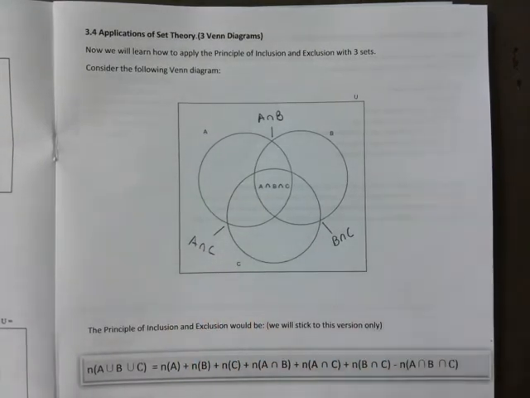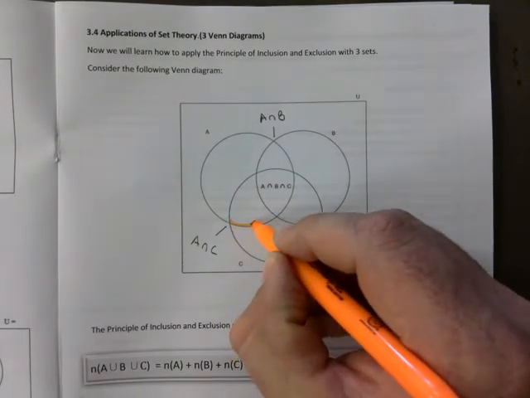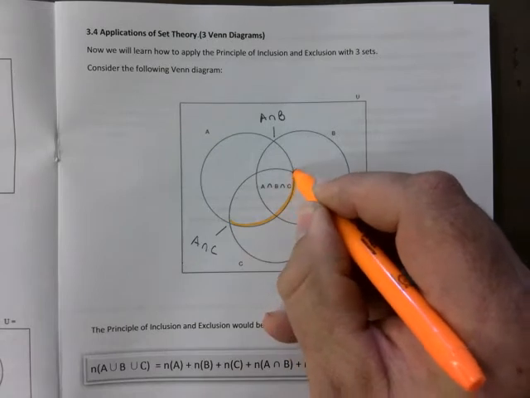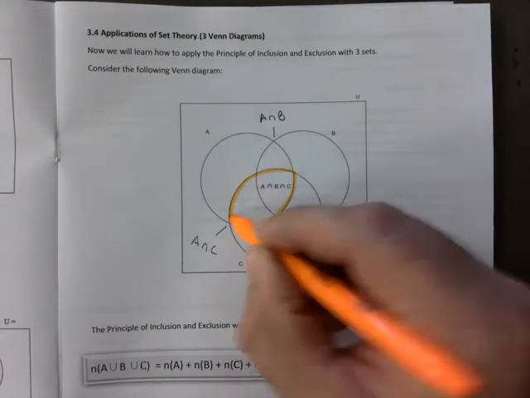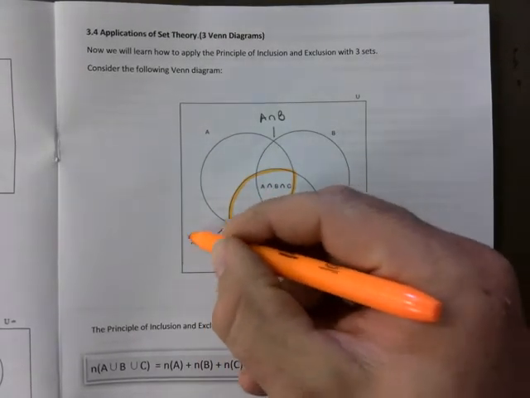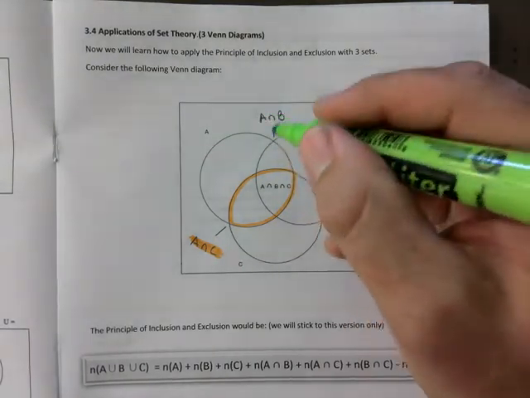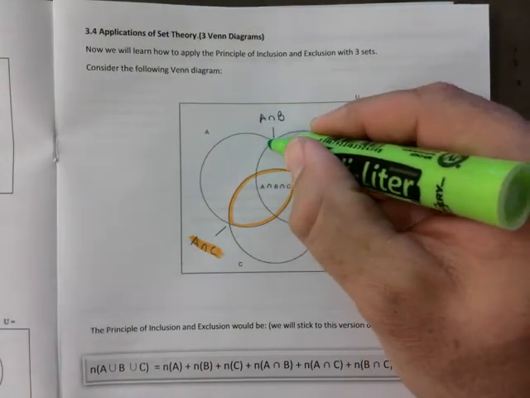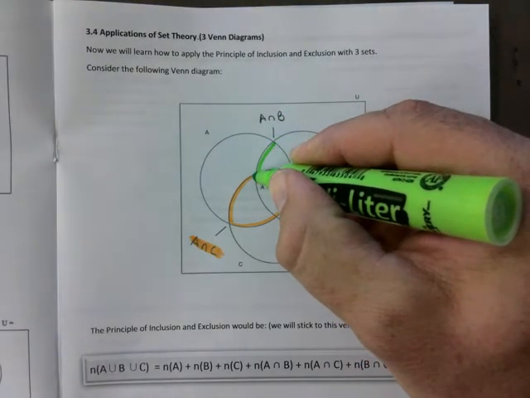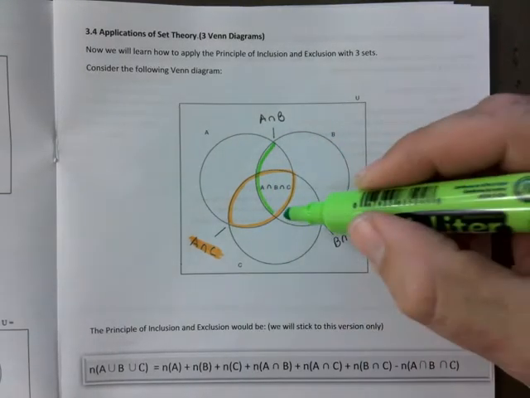And this is where highlighters come in. So I'm going to just say that I'm talking about that intersection there, the whole thing. And then the green, watch what I'm going to do. I'm going to try not to go over the orange here.